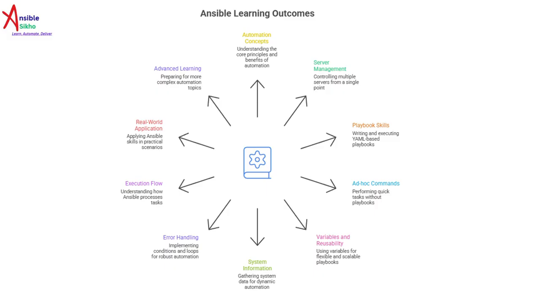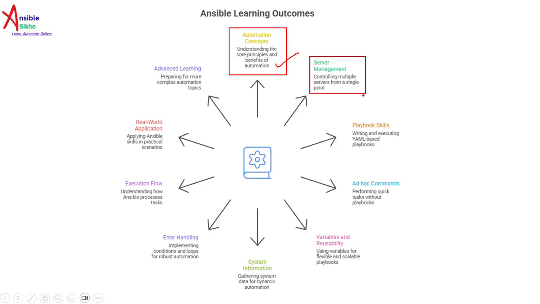What small tasks can be automated? You will start thinking about and writing playbooks. Automation concepts: understanding the core principles and benefits of automation, you will be able to differentiate and utilize it.